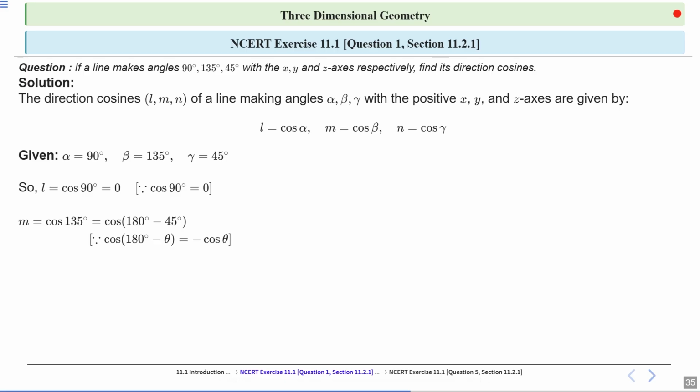Since cos of 180 degrees minus theta equals minus cos theta, cos 135 degrees becomes minus of cos 45 degrees. Now cos 45 degrees is 1 by root 2. So M equals minus 1 divided by square root of 2. This means the line points in the negative y direction with this magnitude.